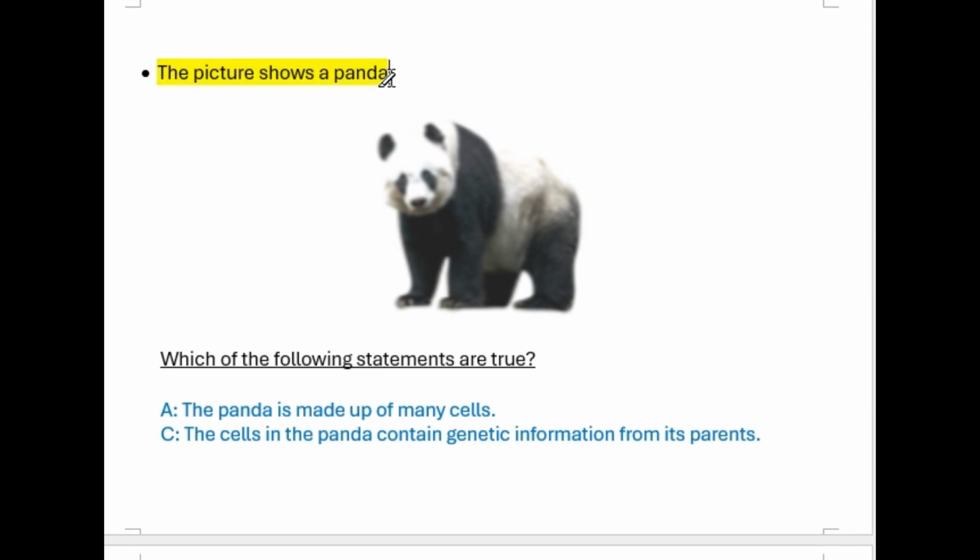Which of the following statements are true? The panda is made up of many cells. C. The cells in the panda contain genetic information from its parents.